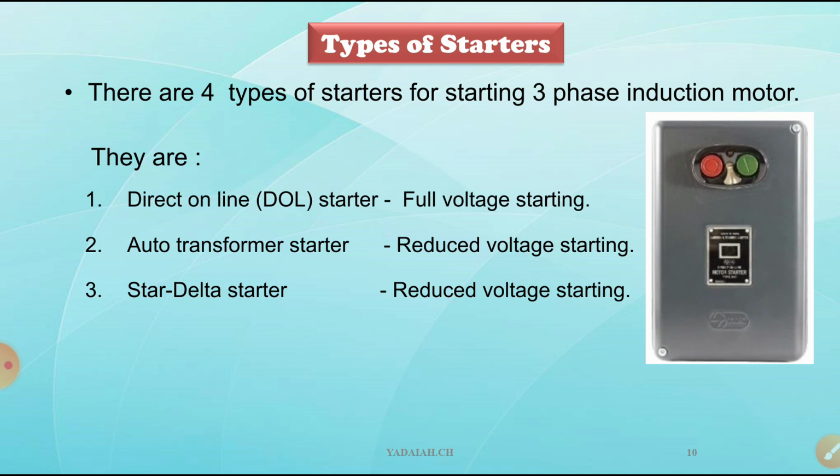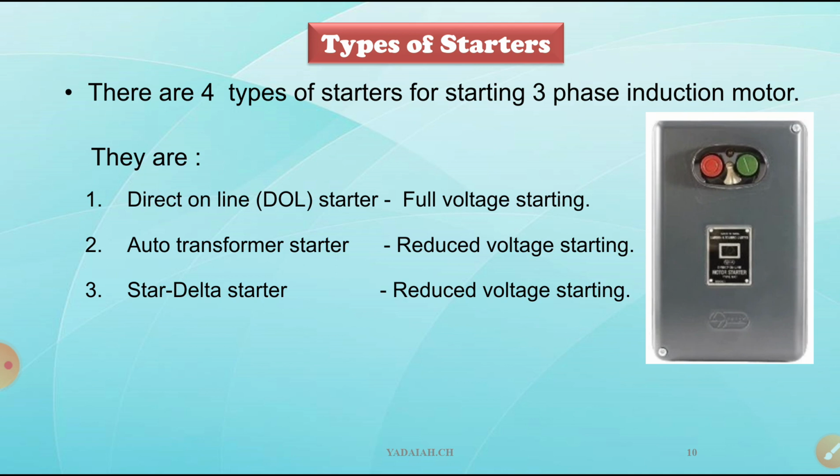Nowadays, instead of using manual operation, starting initially in star and then switching to delta, there are automatic star delta starters available in the market. Inside there is a timer provided.